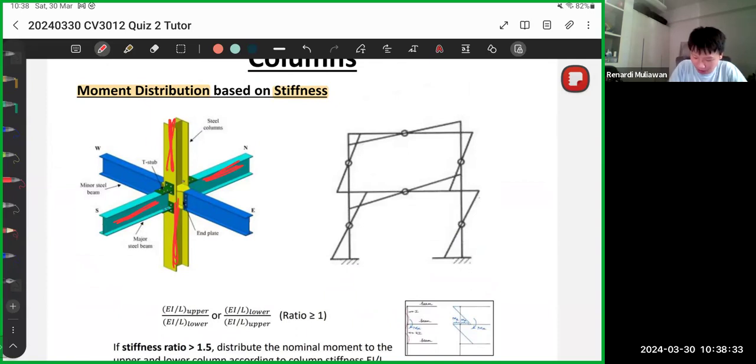If you look at this diagram, this red beam is actually connected to the bottom column and also the top column. It's not connected to the bottom only or the top only. So if there's a moment by the beam, the question is, does it go to the bottom column or does it go to the top column?